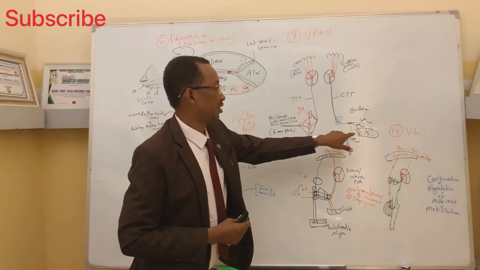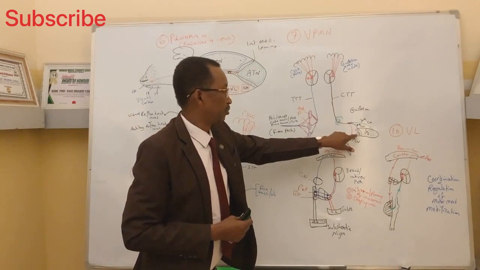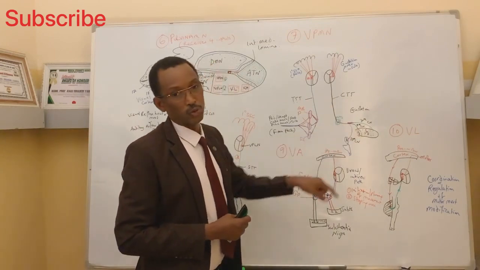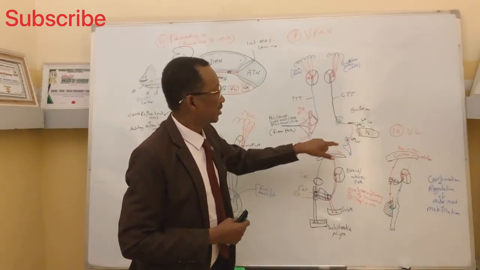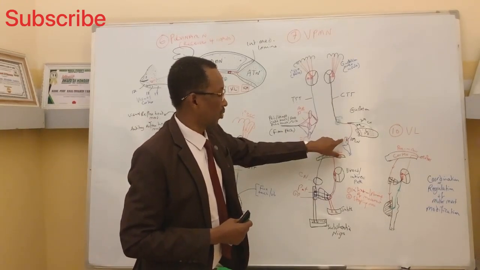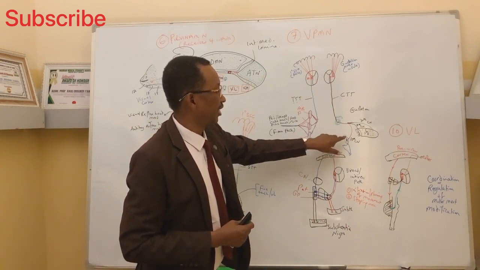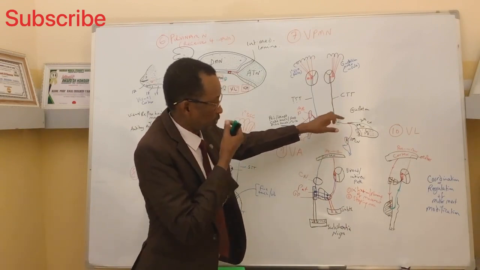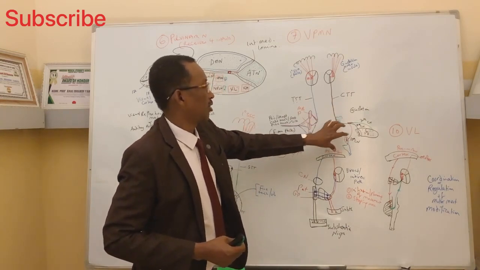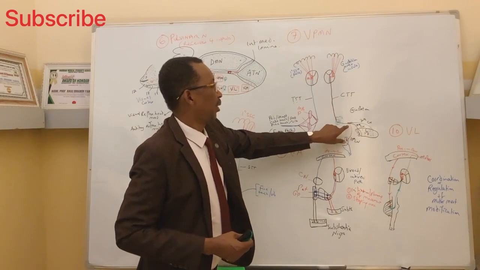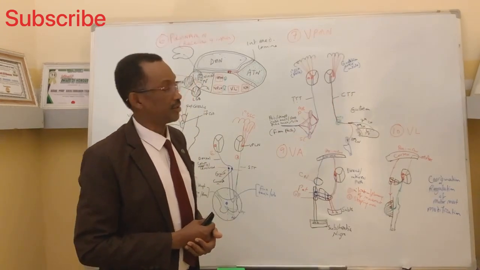Similarly, taste sensation from the posterior one-third of the tongue is carried through the glossopharyngeal nerve, that is the ninth cranial nerve. Again, taste sensation around the epiglottis, around the posterior part of the pharynx, and around the area just between the posterior one-third of the tongue and the epiglottis, all those taste sensations are taken through the 10th cranial nerve, that is the vagus nerve.